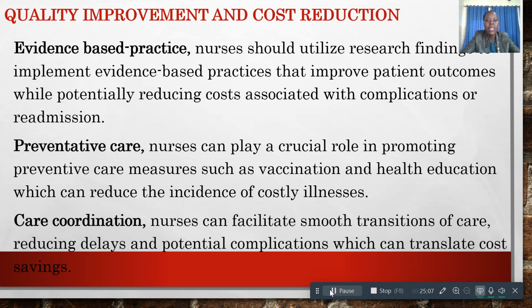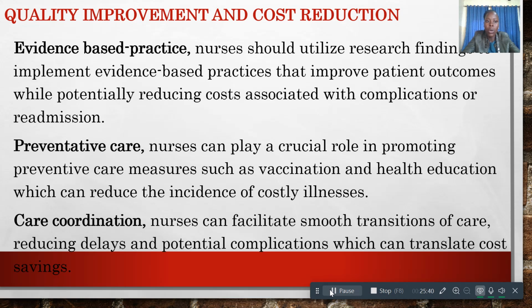How? For example, the child has gotten all the doses of malaria vaccine, meaning that there are high chances of this child not suffering from malaria. Okay, so in turn we are reducing the costs associated with the complications of malaria, because if a child doesn't fall sick of malaria, meaning there will not be any cost for hospitalization and the related complications of malaria or the readmissions.